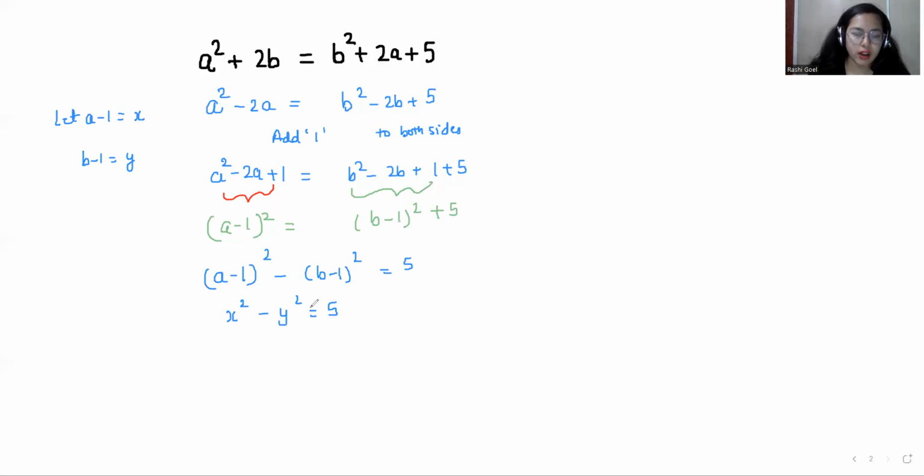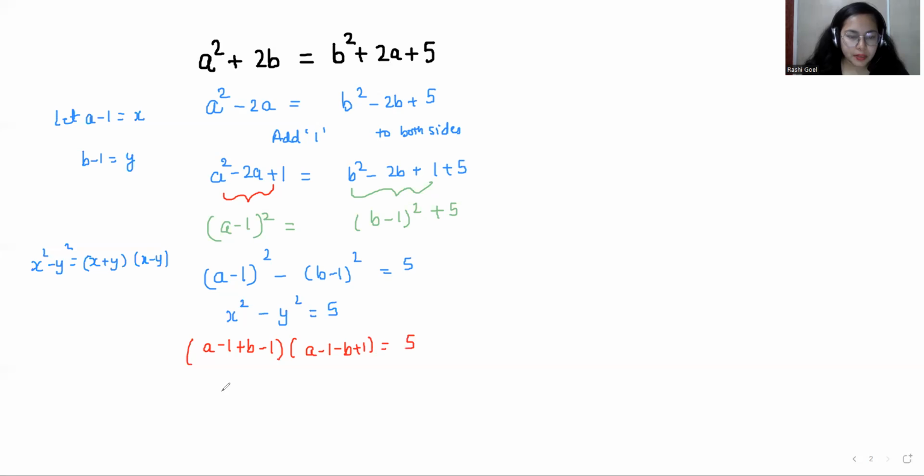And we know that in place of x square minus y square we can write x plus y and x minus y. So if I directly write it down, we can say that a minus 1 plus b minus 1, and here a minus 1 minus b plus 1 equals 5.